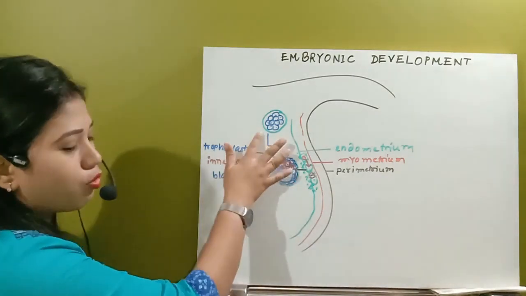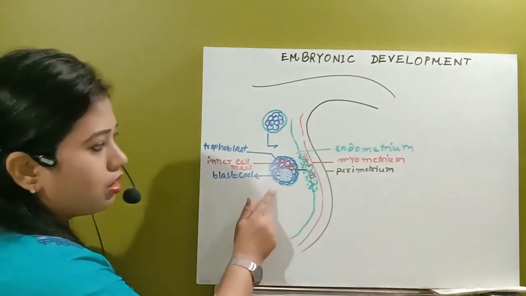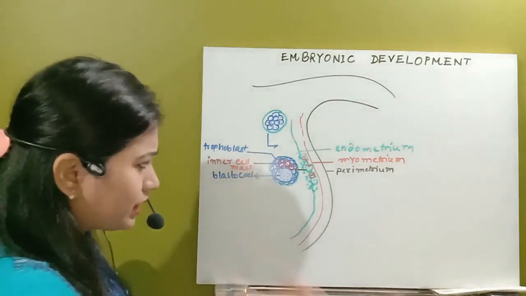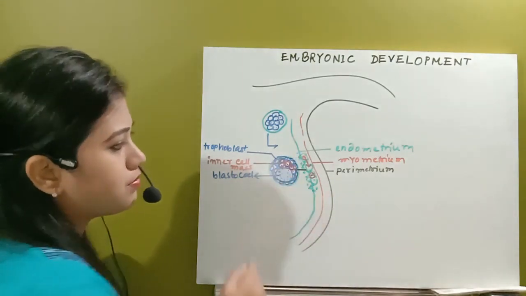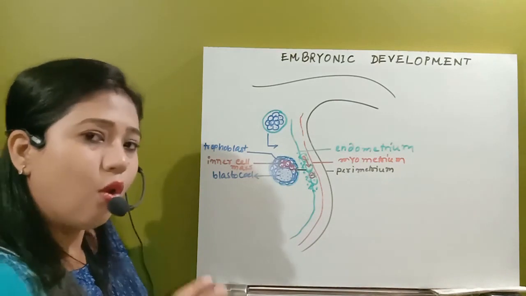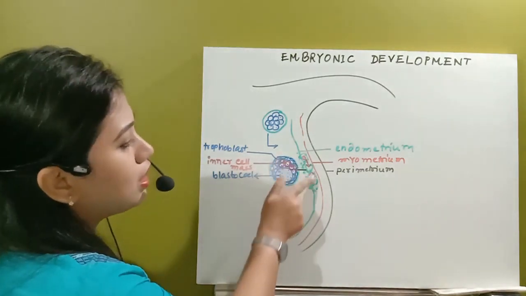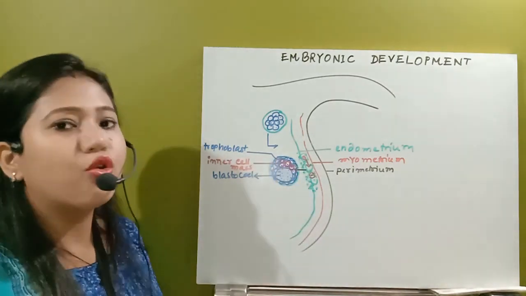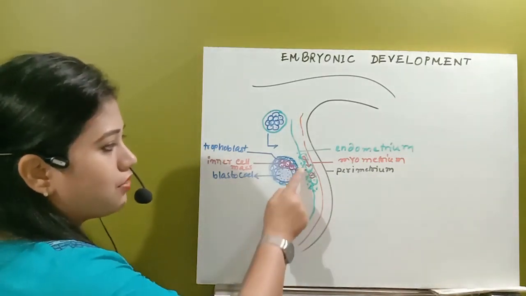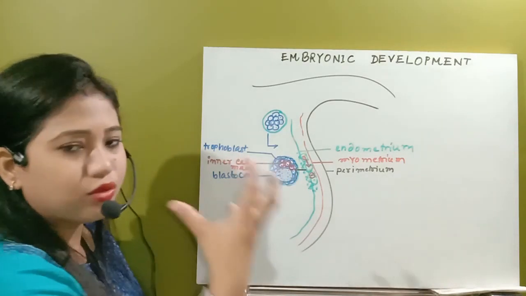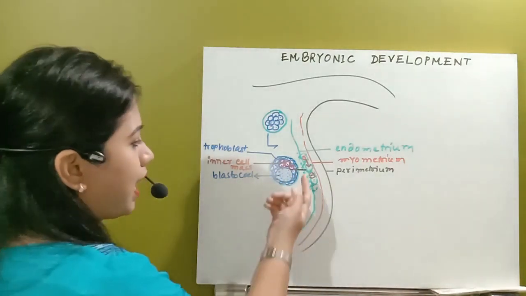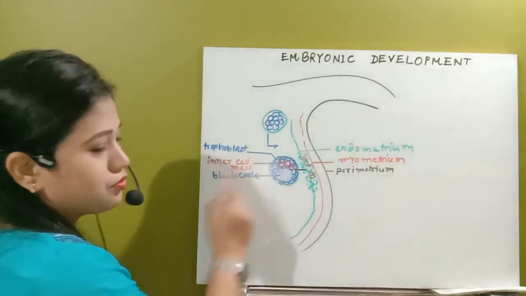From this morula, the endometrium starts to form a local edema. Local edema means swelling occurs only in the region where the morula is coming. Some of the cells start to have more liquid inside, and that liquid is absorbed by this morula.